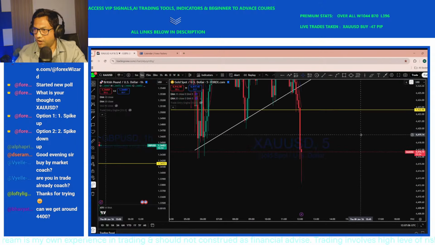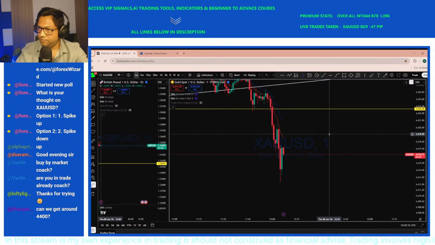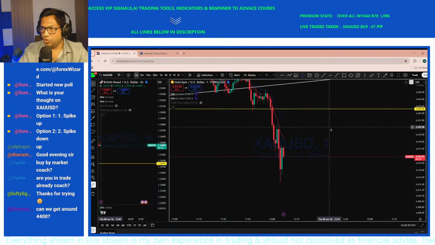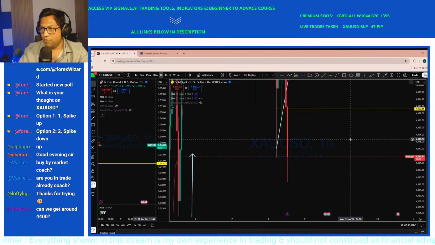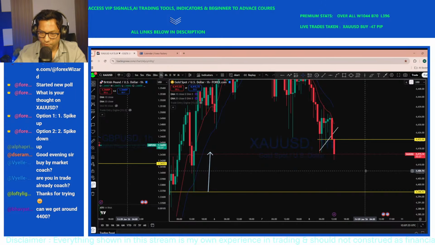So this is the 5 minutes price action, 1 minute also. Now, if you look at it, unemployment claims will come in my zone. It's 1.5 hours later, and the volume might be very high on this NY session opening.